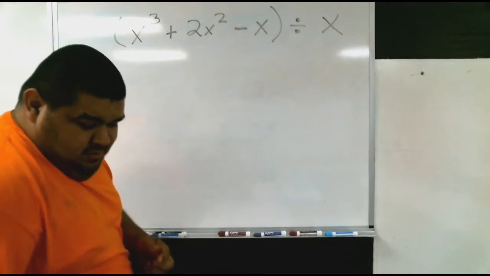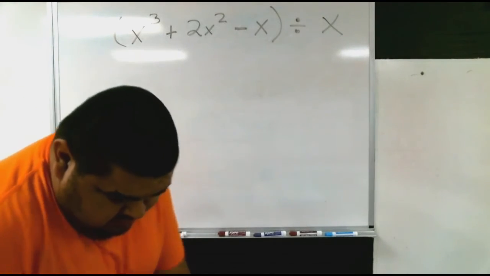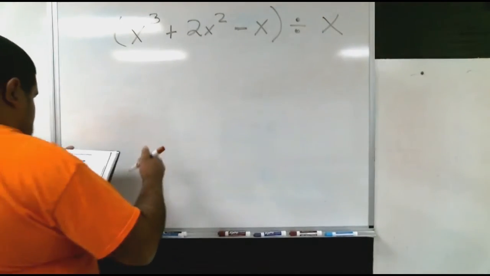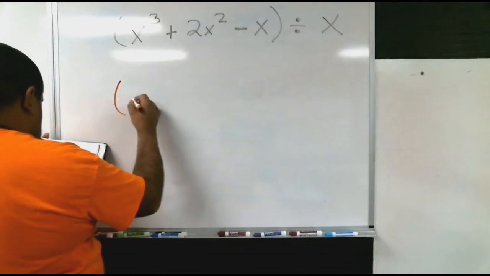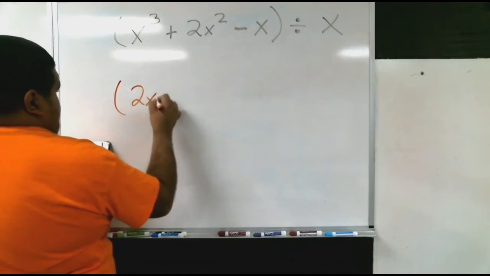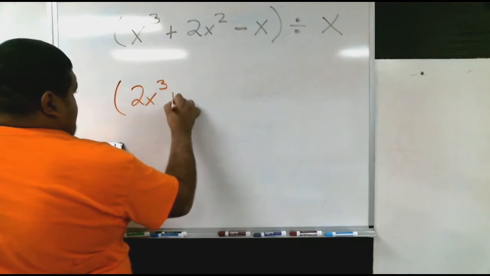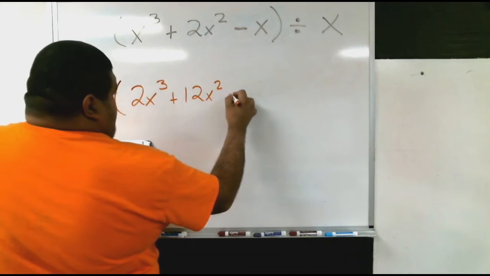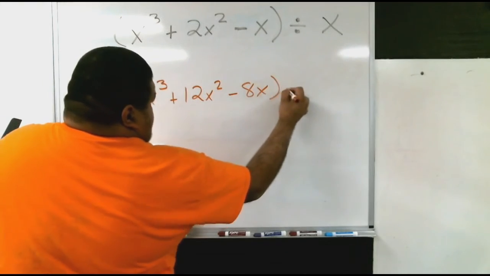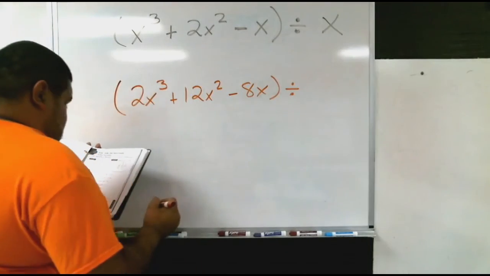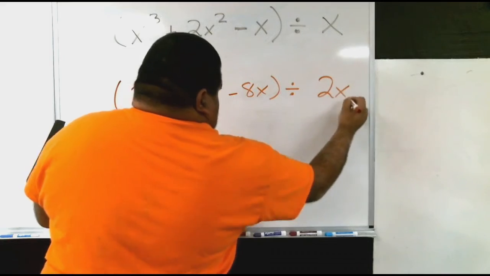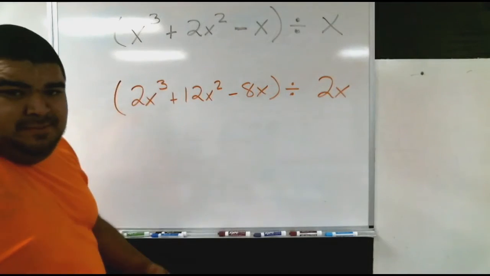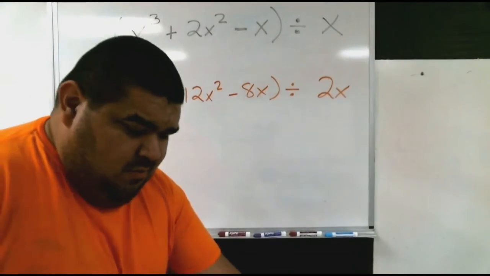The second one, we're going to have 2x to the third plus 12x squared minus 8x, divided by 2x. There's one more.